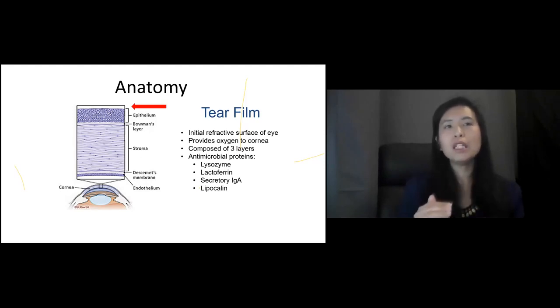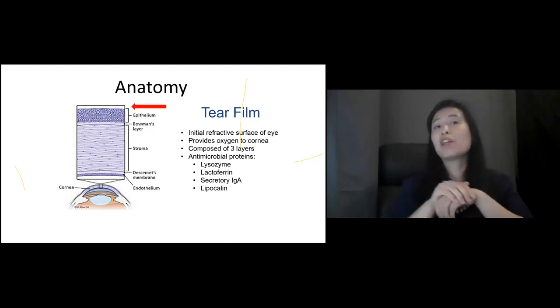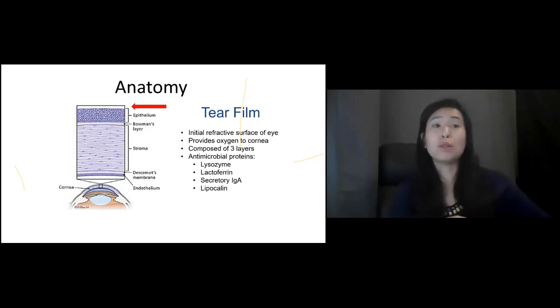So the epithelial layer of the cornea, or this most surface layer of the cornea, is bathed in a layer of tears all the time. Now, this corneal epithelium is very delicate. So I want you to touch your skin on the back of your hand, maybe touch on the bottom of your heel if you're not wearing socks.